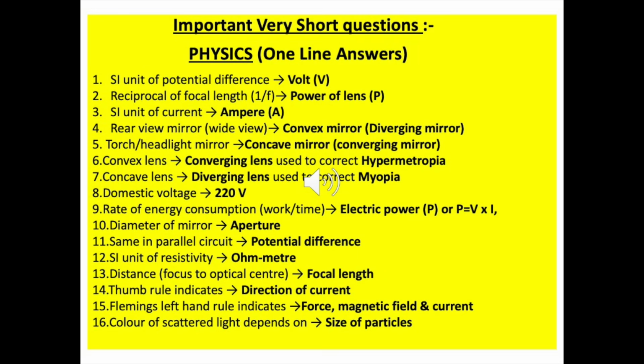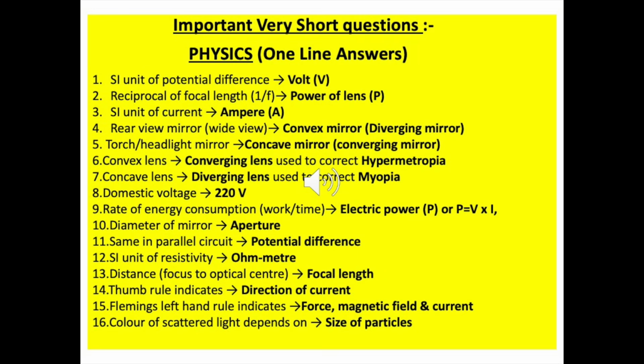That you have to keep in mind. What should be the same in the parallel circuit? Potential difference. Next point is about the SI unit of resistivity, that is ohm meter, and another point is the distance between focus and optical centre is called focal length.